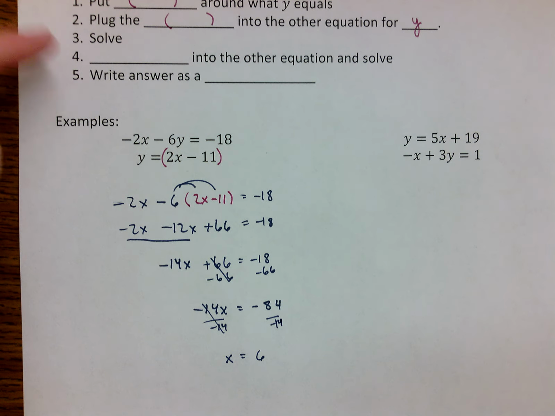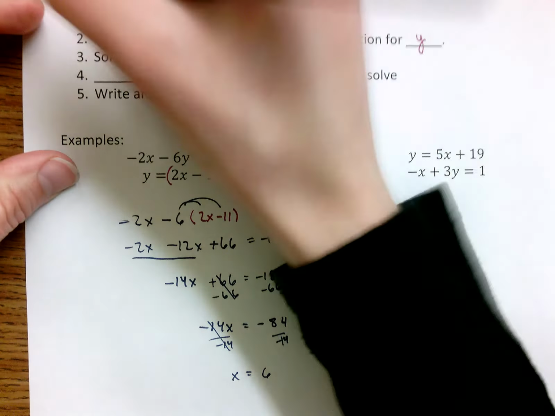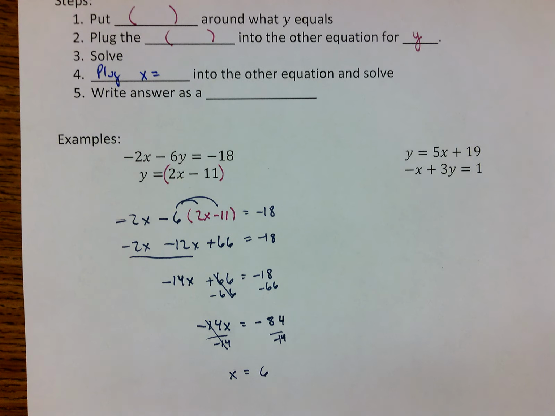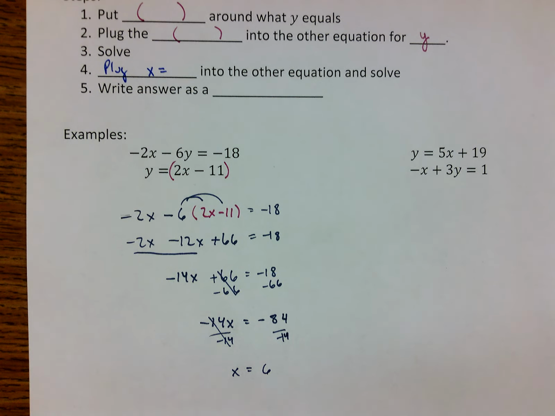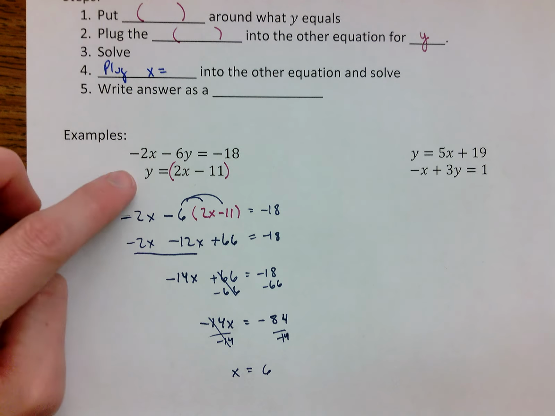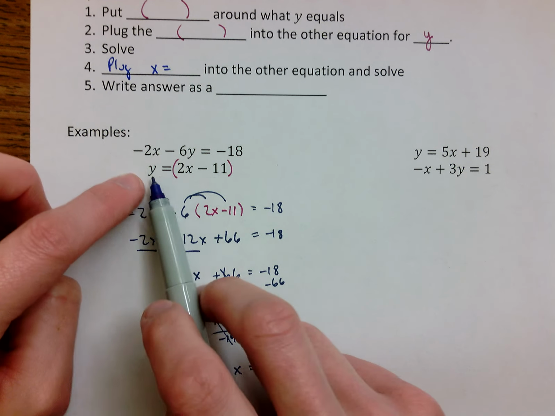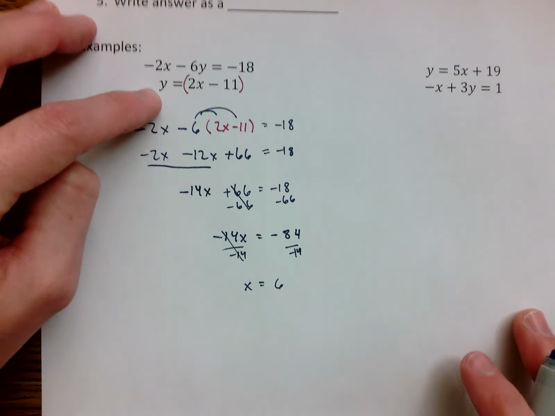Step 4 is now we know what x equals, right? So now what we're going to do is plug whatever x equals into the other equation and solve. We have figured out x equals 6. So I'm going to go back to either one of these equations. It doesn't matter, but personally, I like the second equation better in this one. I think the y equals equation is usually a little bit easier.